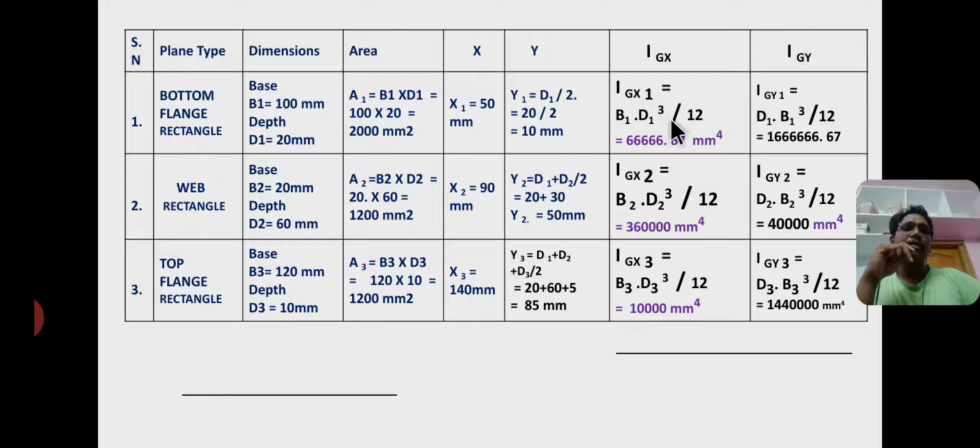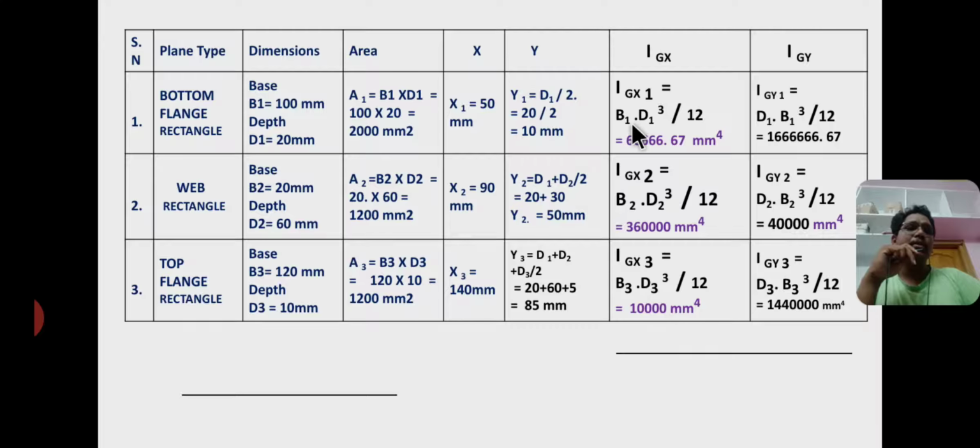For rectangle, IGX equal to BD cube by 12. Therefore, IGX1, IGX2, IGX3 are B into D cube by 12. Similarly, IGY1, IGY2, IGY3 are also DB cube by 12. Suffix 1 refers rectangle 1. Suffix 2 refers rectangle 2. Suffix 3 refers rectangle 3.